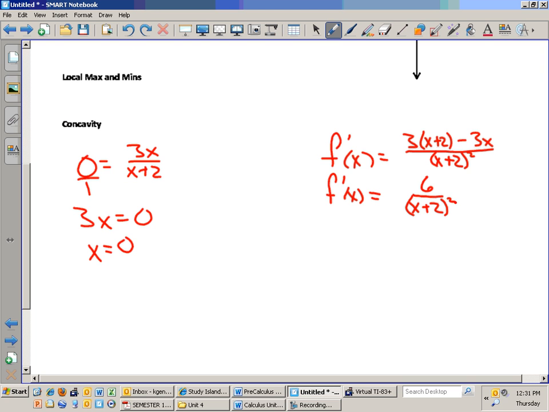No, the numerator can never be equal to 0. Where is it undefined? -2. So -2 is my only critical point here. So here are my intervals of increasing or decreasing: -infinity to -2, and -2 to positive infinity.